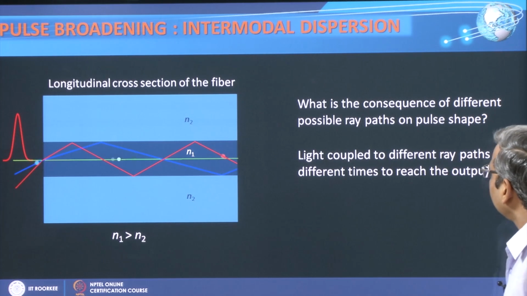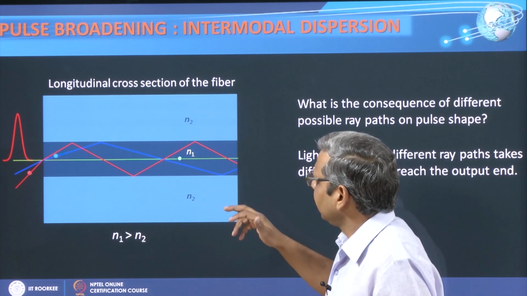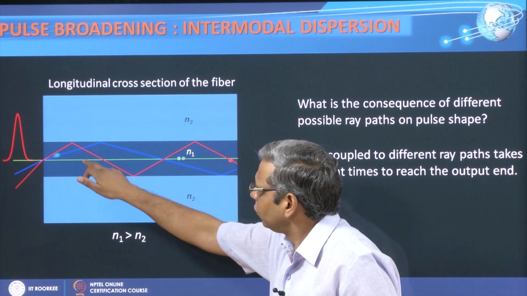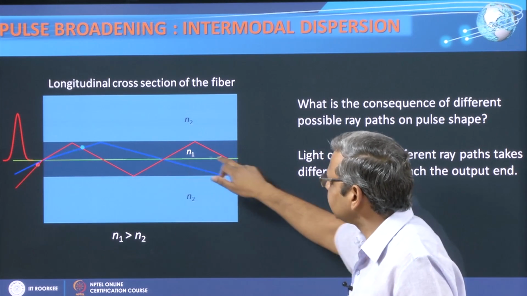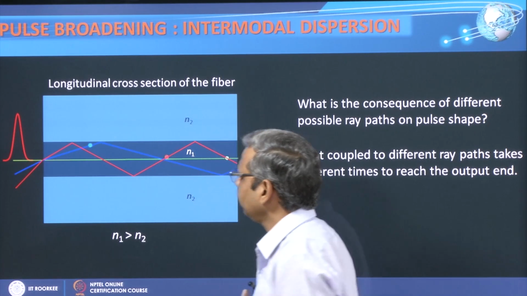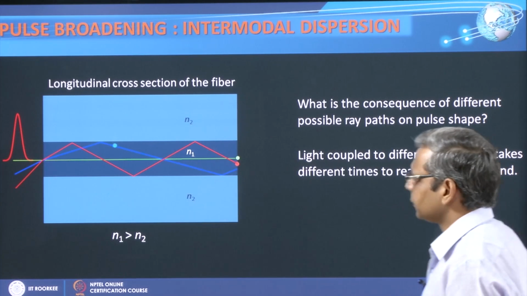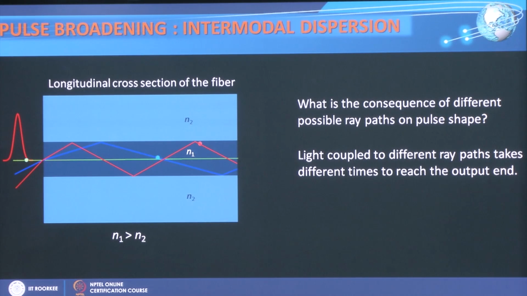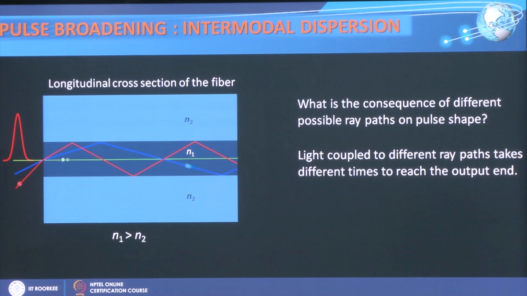I can immediately see that if the energy is going into this path, then it travels the least distance to traverse a certain length of the fiber. However, this red one takes a longer path. So, when light is coupled into all these ray paths, then these ray paths take different times to reach the output end, and because of this there is broadening.